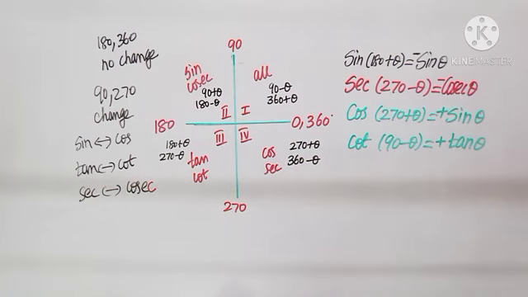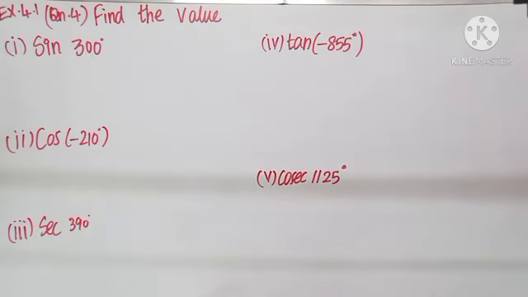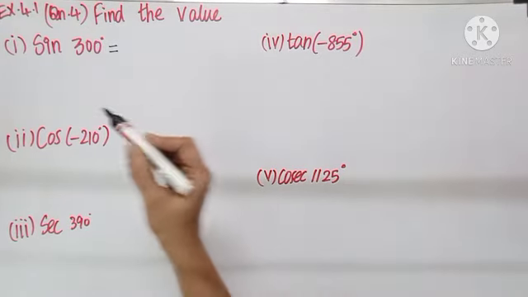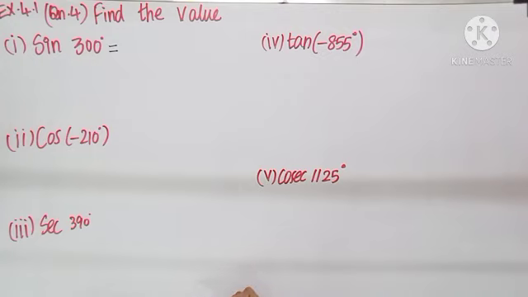Let us be still more thorough with Exercise 4.1, question number 4. Find the value of each trigonometric ratio given. Sine 300 degrees. Now let us remember any angle that is given to us. Let us try to write 90, 180, 270, 360.